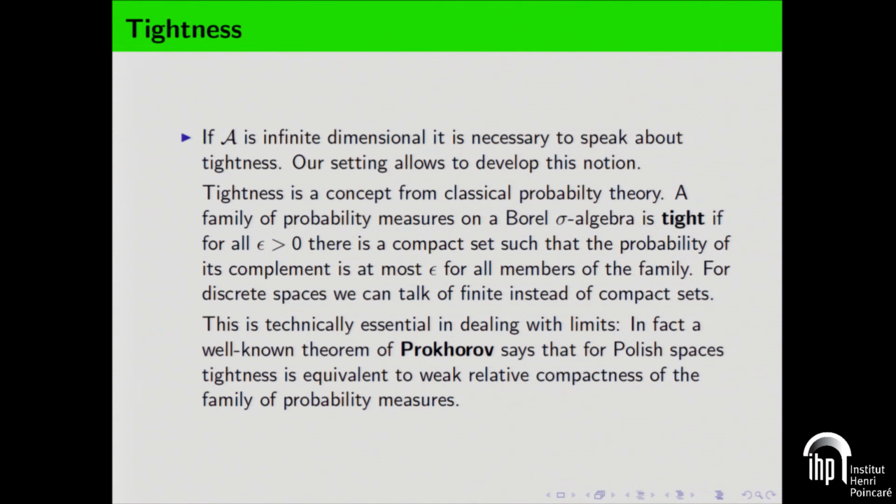So in fact, recall the well-known theorem of Prokhorov, which says that, there are many versions, for example for Polish spaces, tightness is equivalent to weak relative compactness of the family of probability measures. So if you want to find some accumulation points and things like that, you should look for tightness.